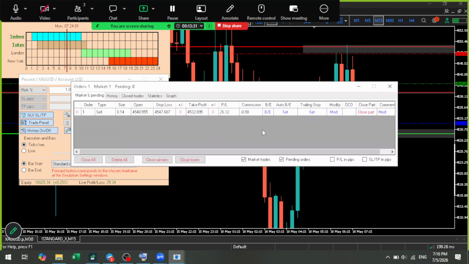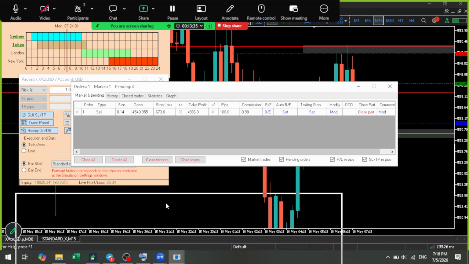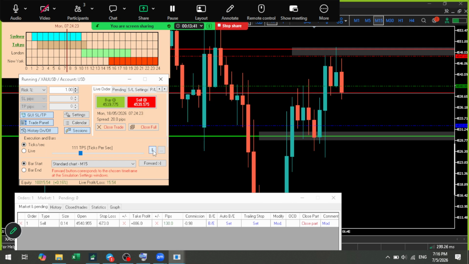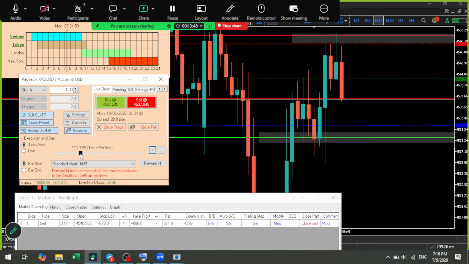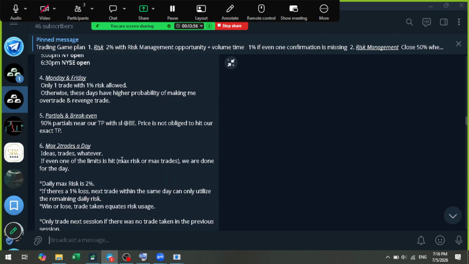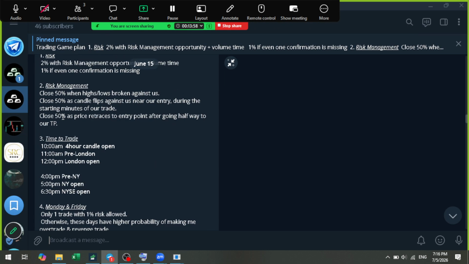Let's open the trade panel, tick these boxes, and we want 64 pips, nothing more, nothing less. Now 37 pips. Now we should slow it down a bit, and if it goes back to the break-even point, we will close 50% as the trading plan dictates.